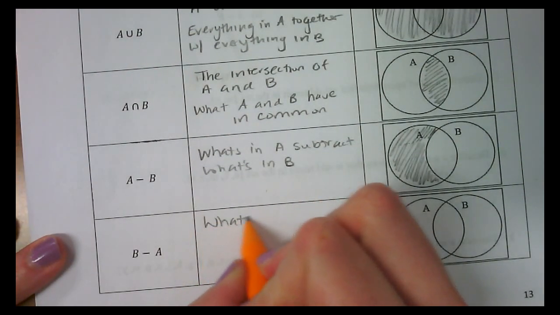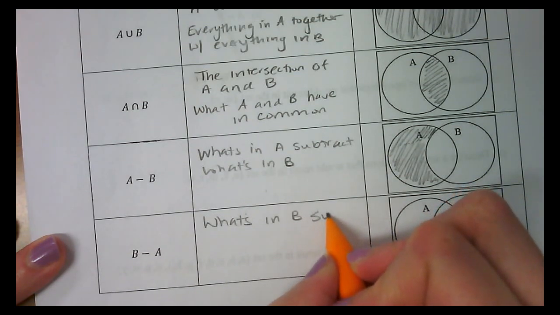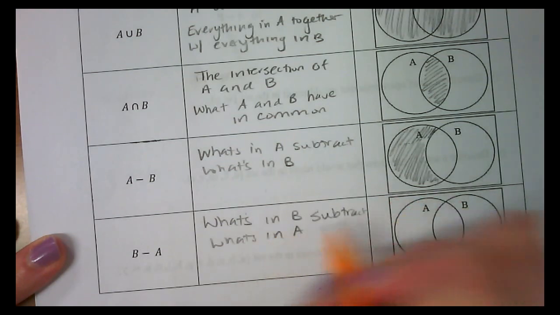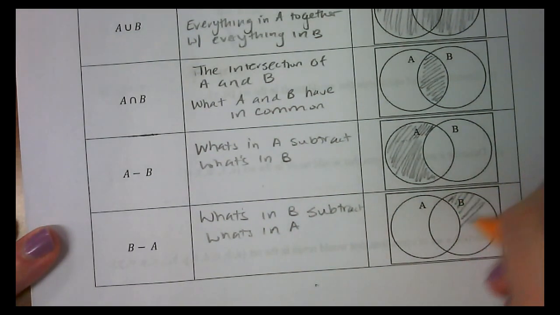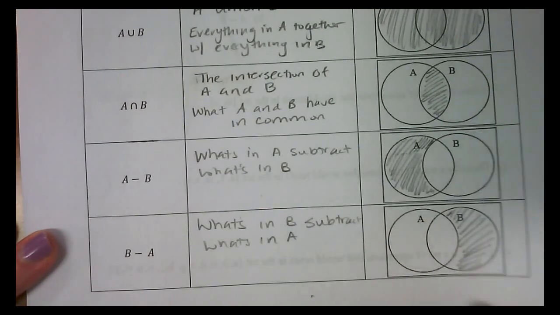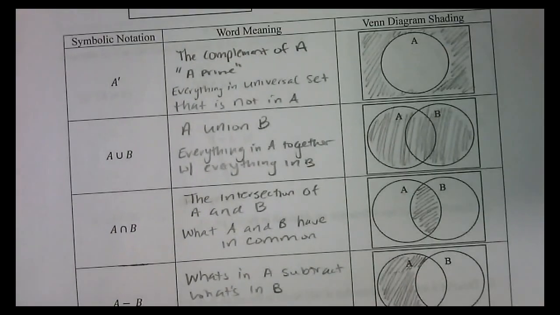And then the opposite would be what's in B and subtract what's in A. So it would look like this. Okay, so that's what that notation means. All right, on the next page, flip it over.